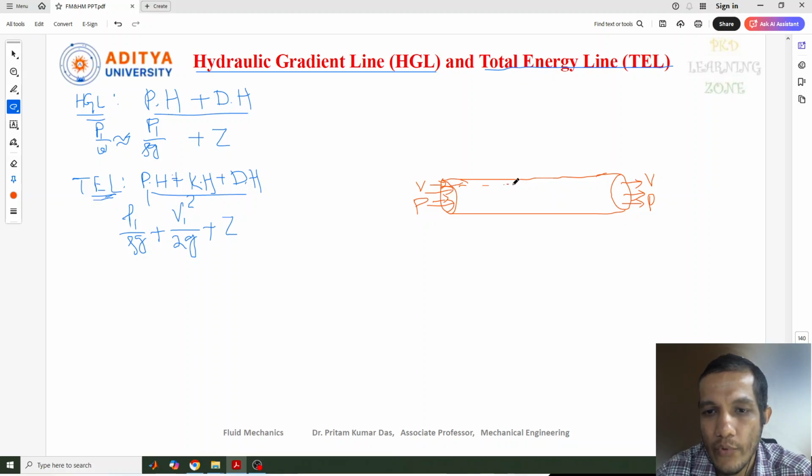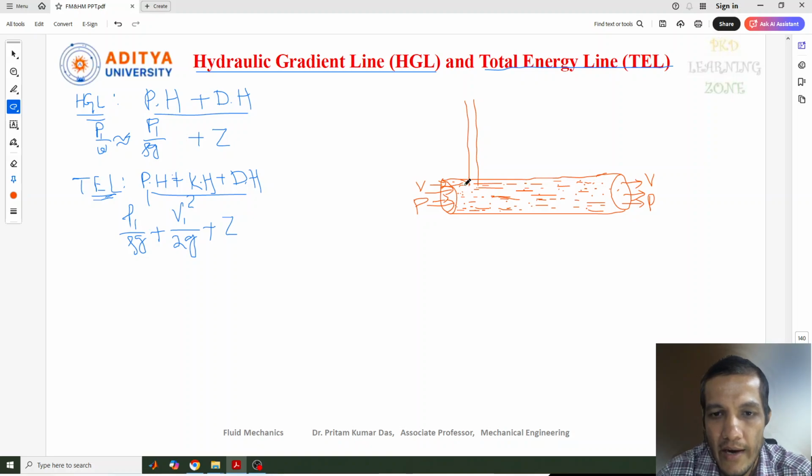So when the fluid is flowing throughout this pipe, inside the pipe the liquid also has a pressure. Now, to identify the pressure of the fluid at this point, let's insert a glass tube inside this pipe.